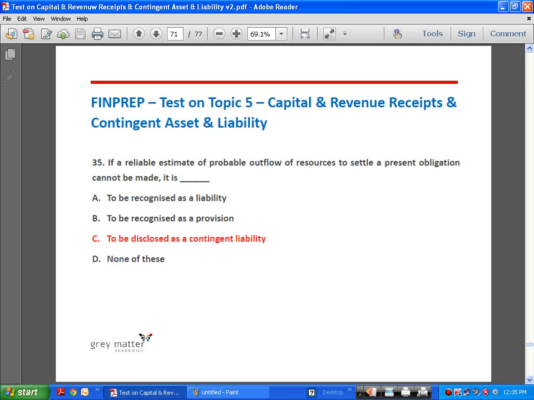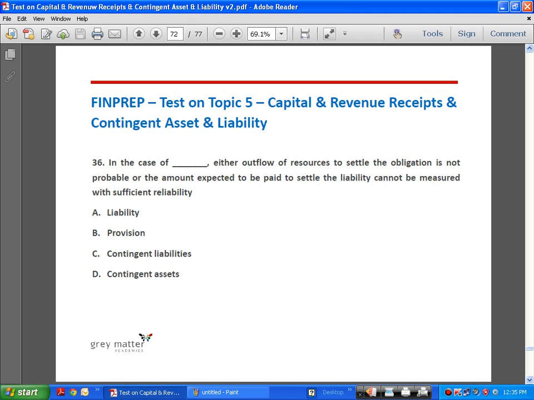A liability is a present obligation, the settlement of which requires outflow of future economic benefits or outflow of economic resources. So here there is a present obligation, but you're not able to make a reliable estimate of how much you will have to spend in future in order to settle that obligation. Such a liability is a contingent liability.